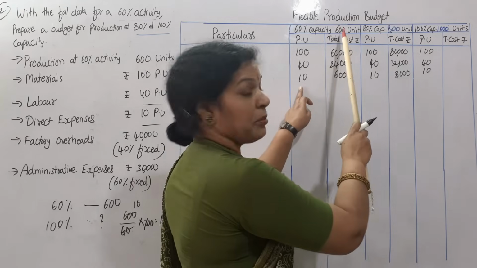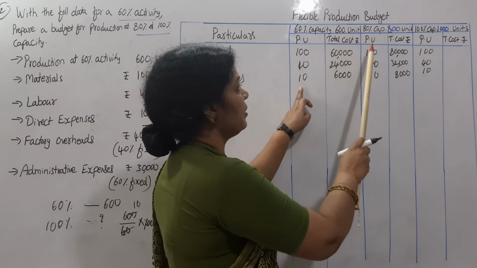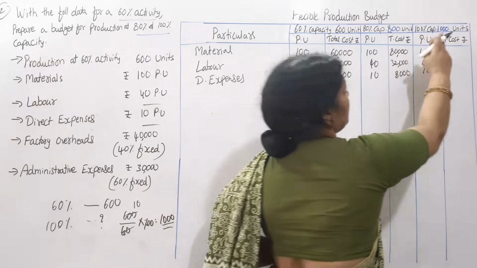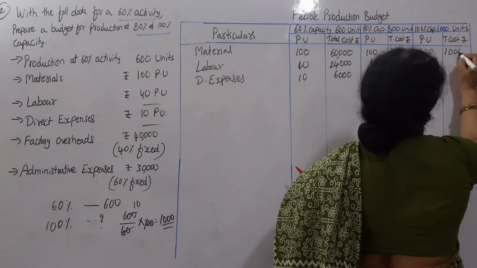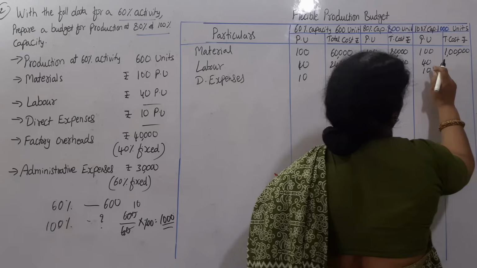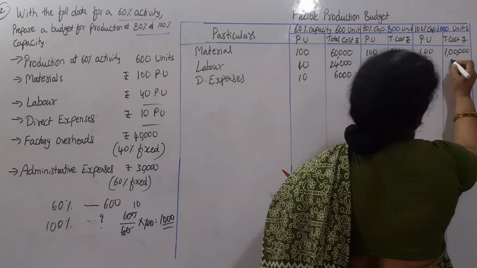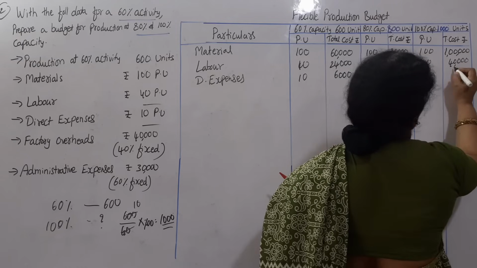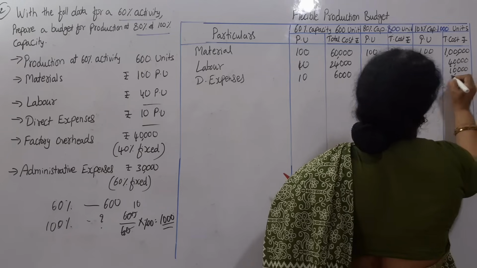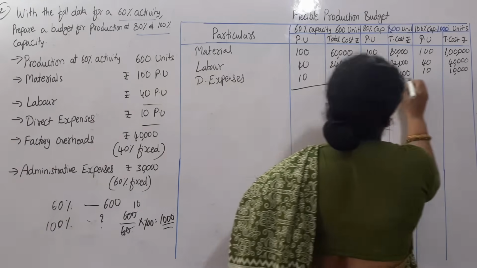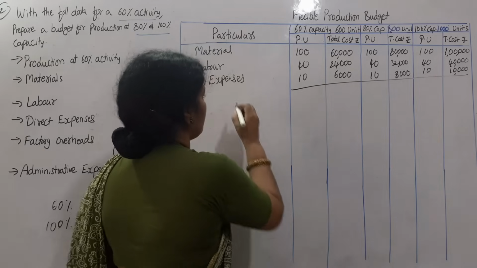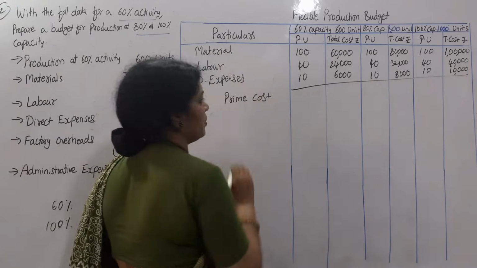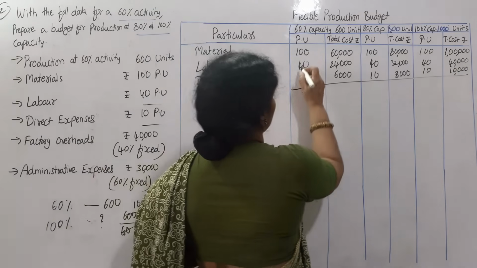Now multiplication with 600, this is with 800, and now this is with 1000. 100 into 1000, 1 lakh. 40 into 1000, 40,000. 10 into 1000, 10,000. So this is what we call the prime cost.